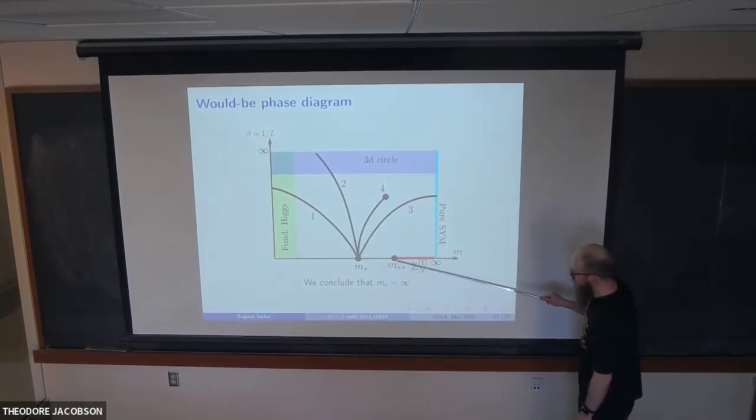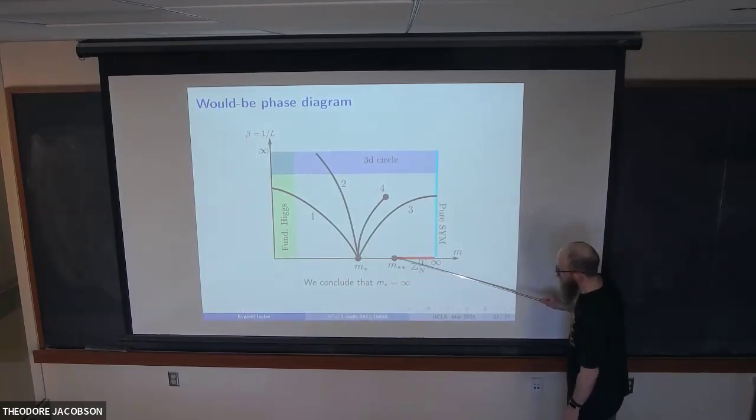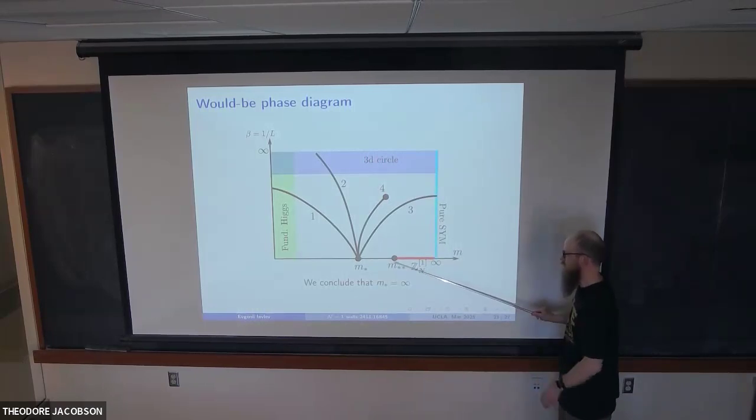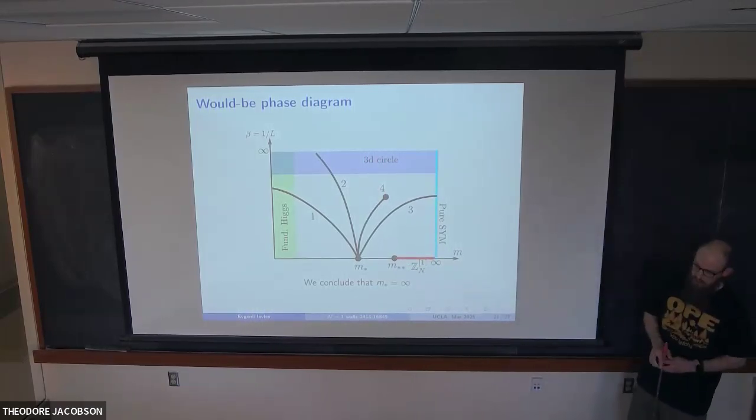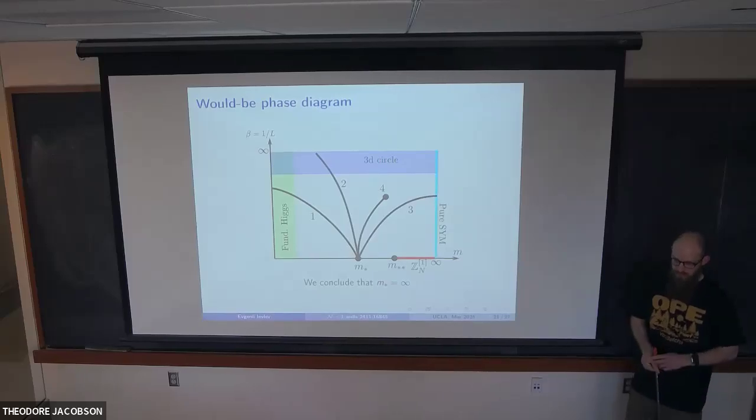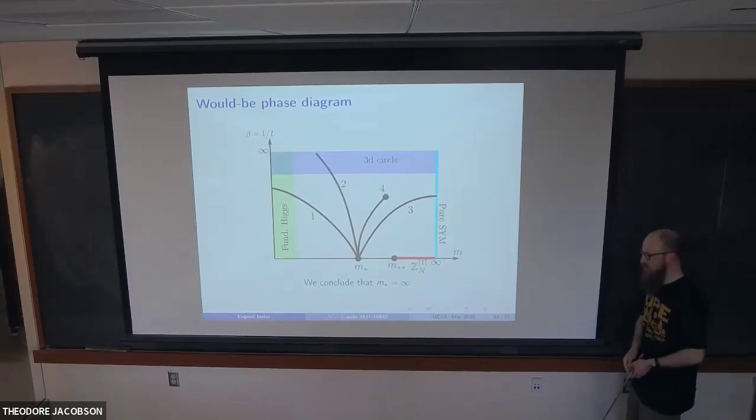Beyond that, if your quarks are lighter than this supposed value m star, then your one-form symmetry does not even emerge in the IR. It's just never there.